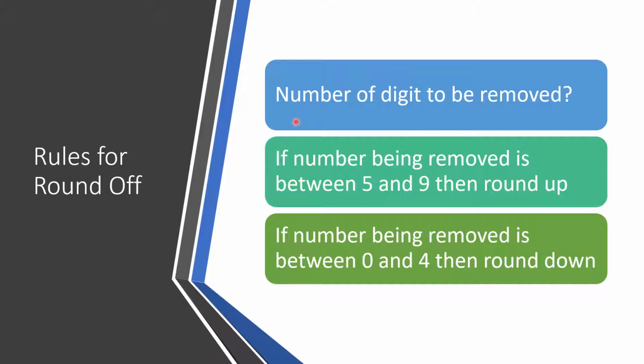That 0 is the one that's going to be removed because it's our 3rd significant figure, and we only wanted to retain 2. If the number being removed is between 5 and 9, then you're going to round up the next number. So the 15.0 would become 16. If the number being removed is between 0 and 4, then we're going to round down. In this case, we rounded down from 15.0 to 15.